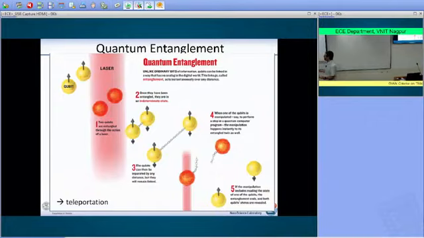Then, by using an external means, in this case a laser, we force two photons to make an entangled state between one photon in a polarization state and another photon in another polarization state. And now we write the wave function that describes a superposition between the two photons.